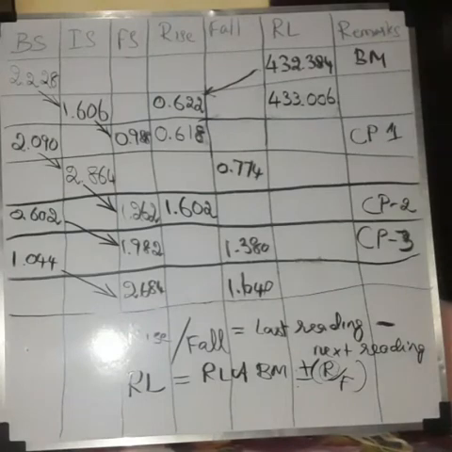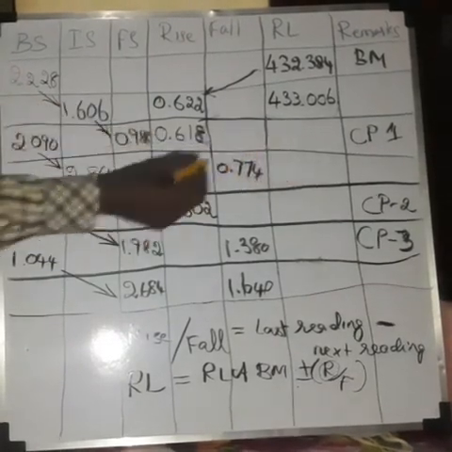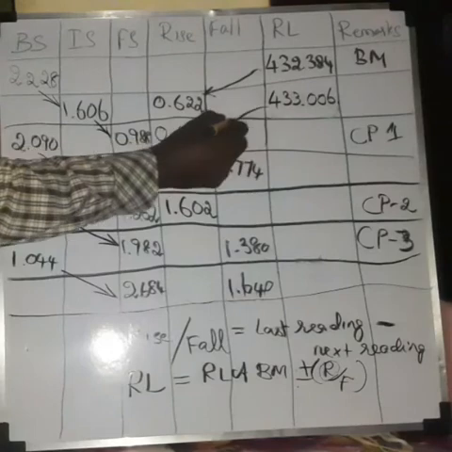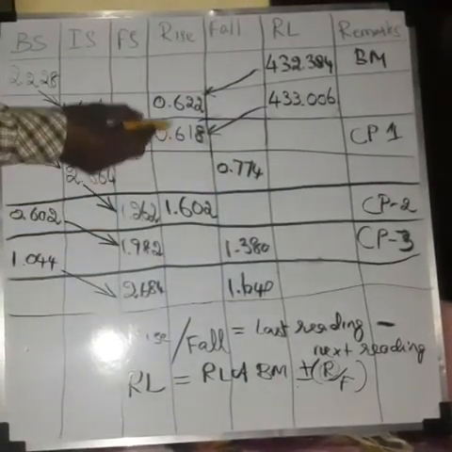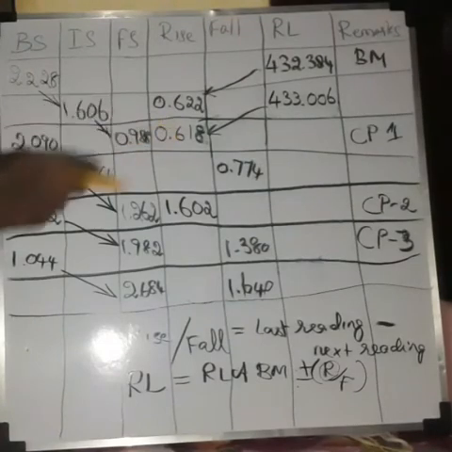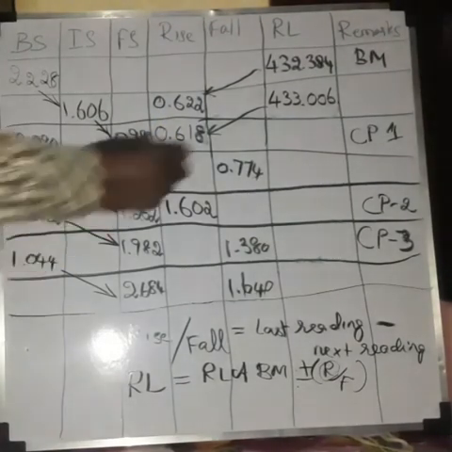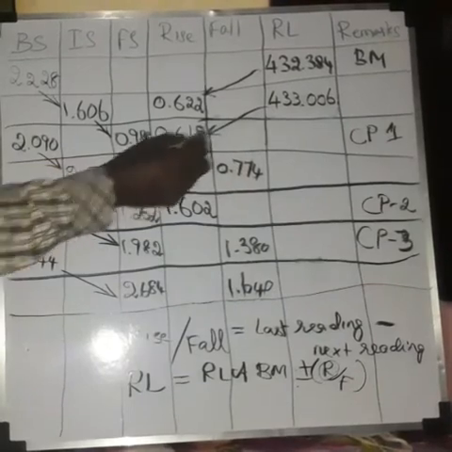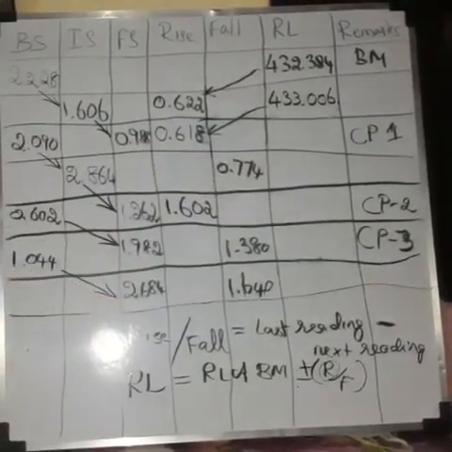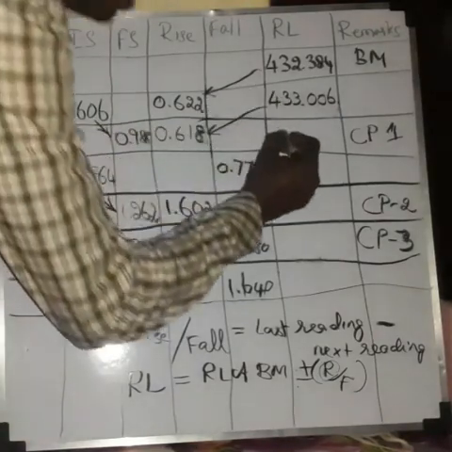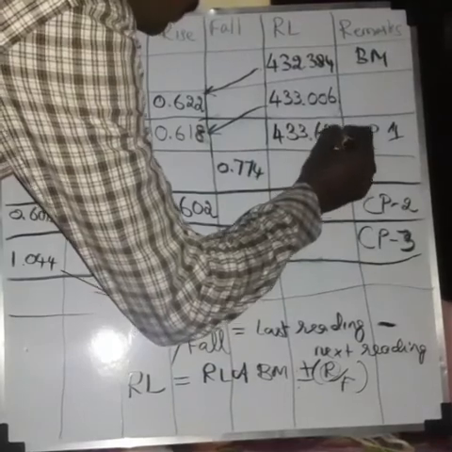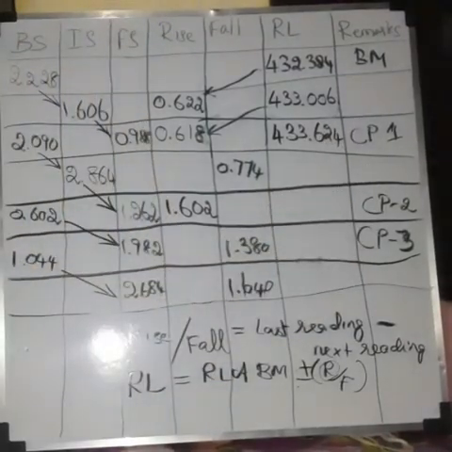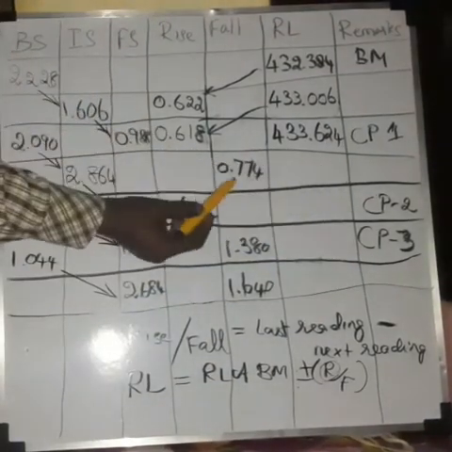Okay. Next point. The RL of the next point is RL of previous one plus or minus rise or fall. The next value also lies on rise, so we add these two. 433.006 plus 0.618 equals 433.624. Okay, the RL of the next point.